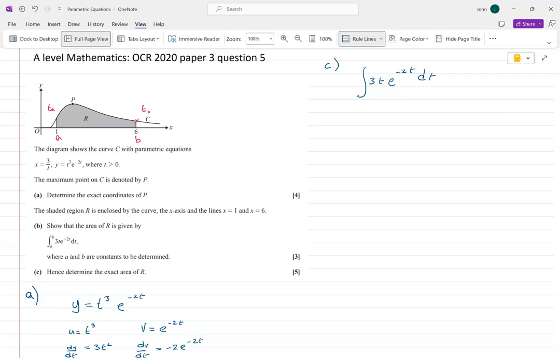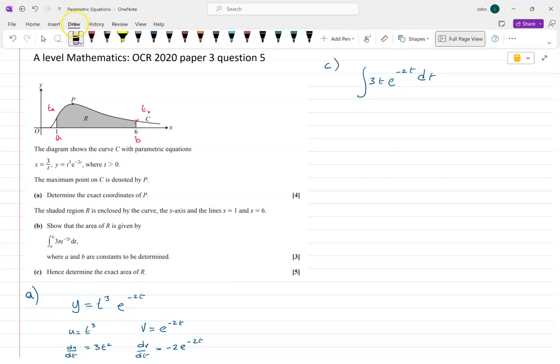So it's integration by parts, and we have a formula for that which we're given in the formulae at the front of the paper, which is the integral of u dv by dx, I know we've got t's here but it shouldn't bother us too much, times dx, is equal to uv minus the integral of v du by dx.